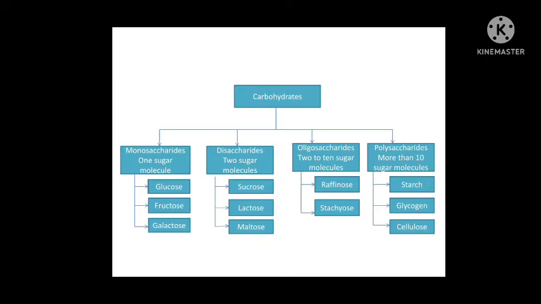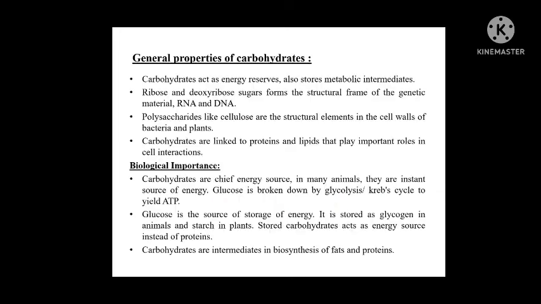Best examples are glucose, fructose, galactose. Disaccharides, two sugar molecules: sucrose, lactose, maltose. Oligosaccharides, 2 to 10 sugar molecules: raffinose, stachyose. Polysaccharides, more than 10 sugar molecules: starch, glycogen, cellulose. So these are a few examples of carbohydrates.